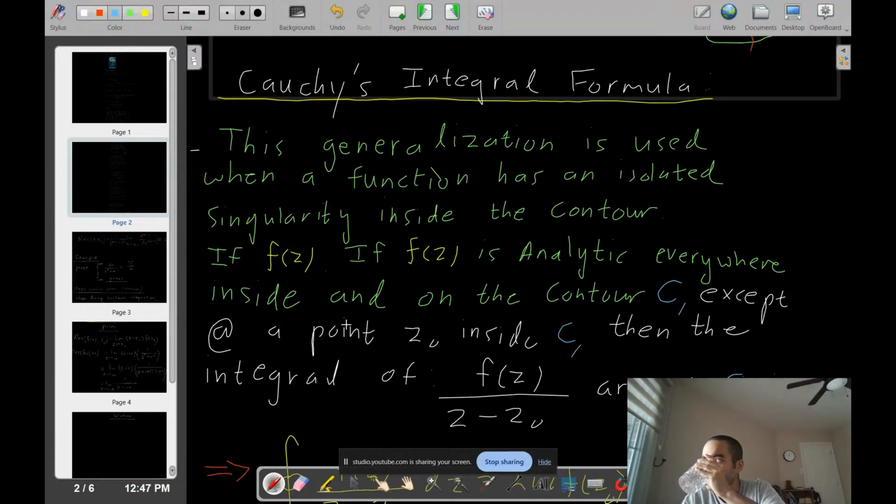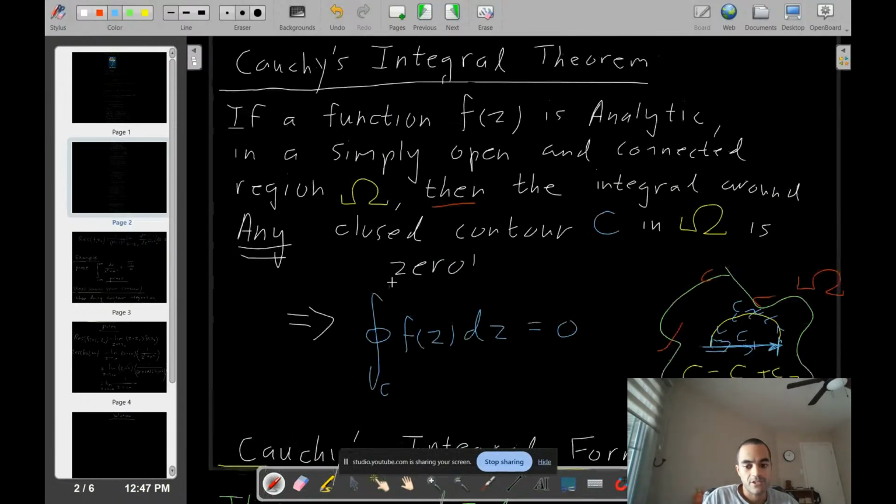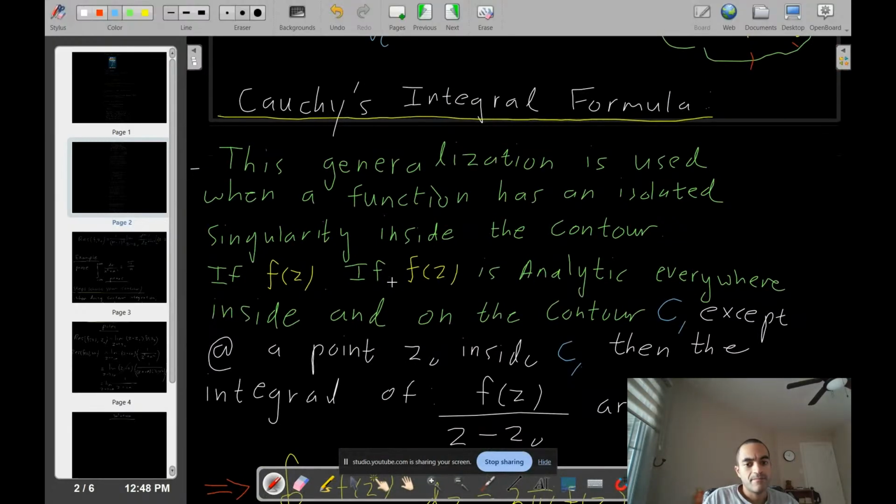The next thing is another important definition. We went from Cauchy's integral theorem, which I just talked about. Now we're going to talk about Cauchy's integral formula. Cauchy's integral formula states the following. It's a generalization.